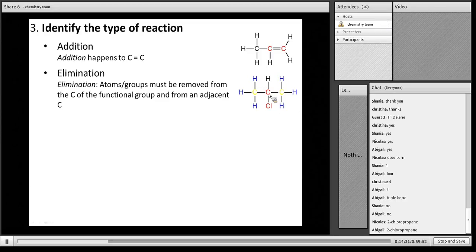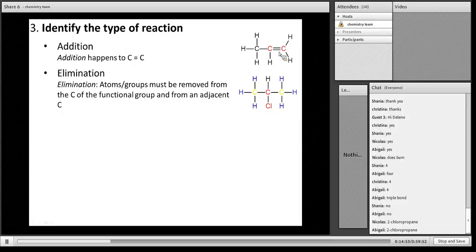Right, if I remove this chlorine and an adjacent hydrogen, so in other words a hydrogen from an adjacent carbon, so this chlorine is bonded onto the red carbon, and I could either take this hydrogen off or that one, actually any of these hydrogens, and then I would form propene.